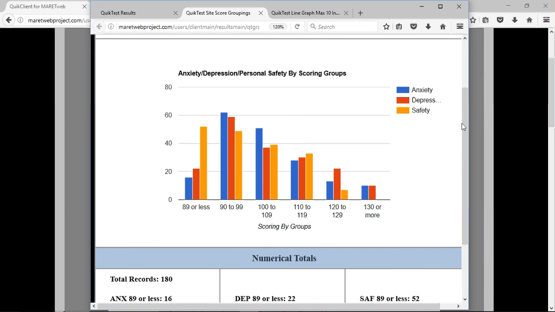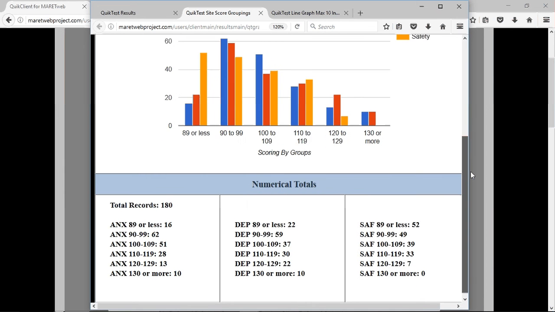And down below we actually have the numerical values. This is in groups, 89 or less. Of course, those really don't matter as far as crisis levels, or are far below crisis levels. This is normal range, 90 to 99, and 100 to 109. 68% of all people should fall in this group.